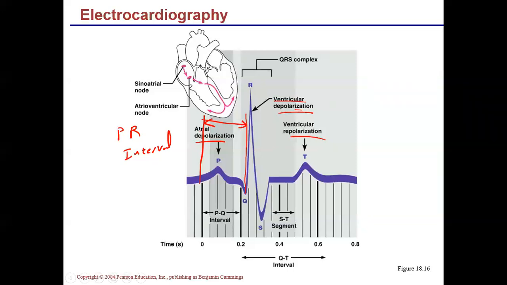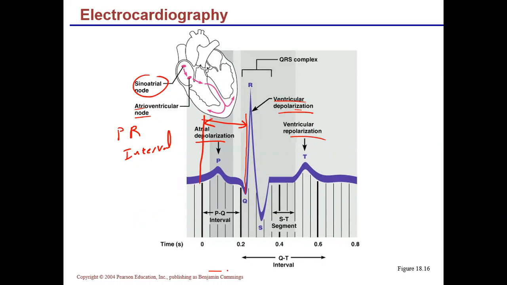The PR interval gives you information about how long it takes for the action potential to travel from the SA node to the atrioventricular node. If there is a blockage or a delay in here, you're going to see abnormal rhythm. In other words, the contraction of the ventricle may not ever happen the same way, all right? So it gets tricky.